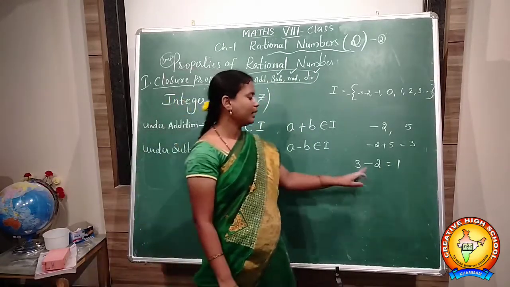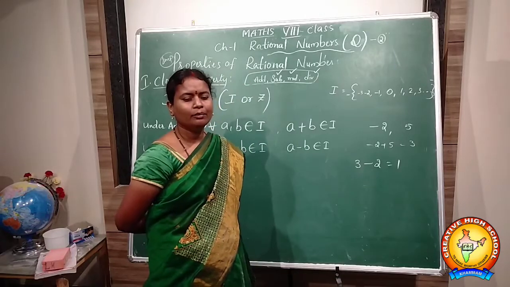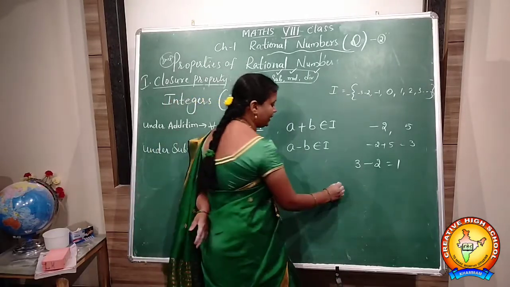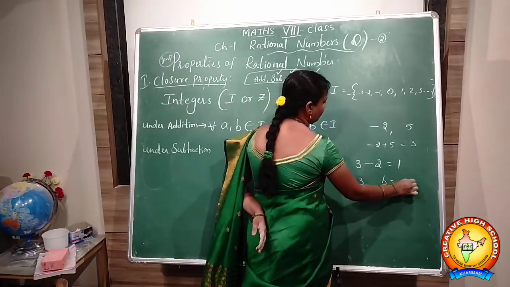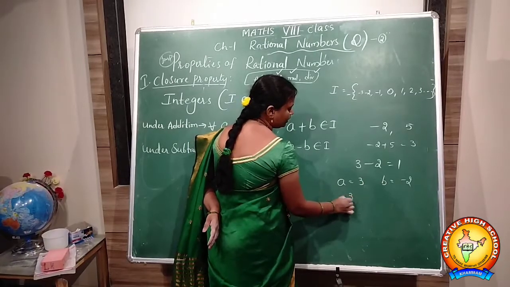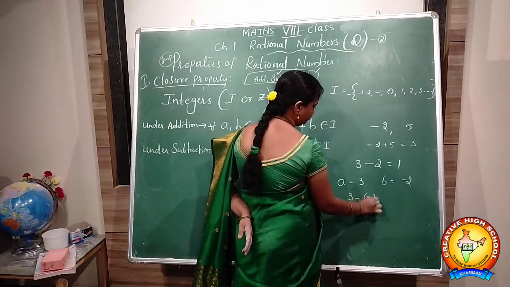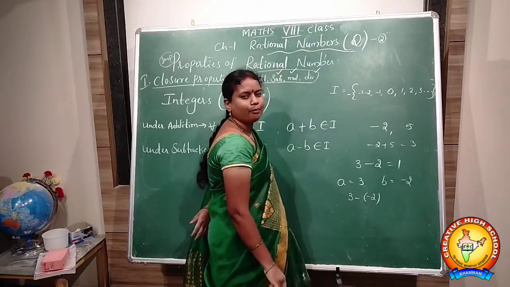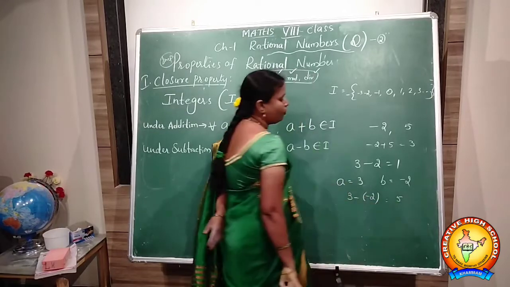Yes. 2 minus 3 is minus 1. Let us take A equal to 3 and B equal to minus 2. Now do A minus B: 3 minus of minus 2 is 3 plus 2, which equals 5.